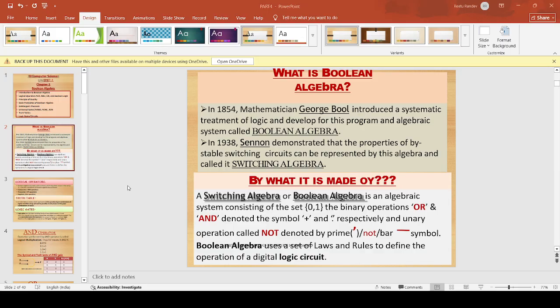So by the complementarity law, x · x̄ becomes 0, so 0 · ȳ plus x̄ · y · ȳ, where y · ȳ becomes 0. So 0 plus 0 is 0. So this is how we have proved the first De Morgan's law and its second part.